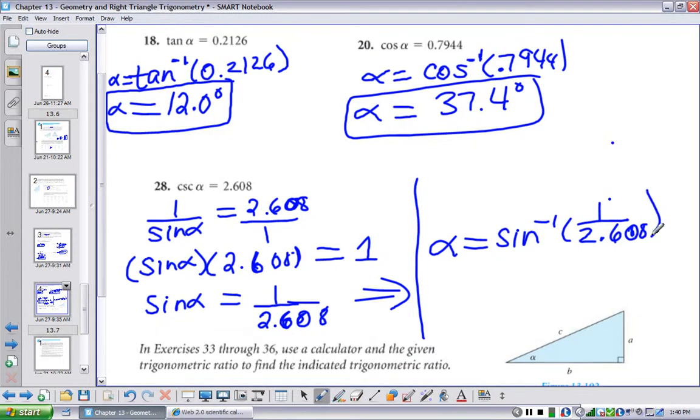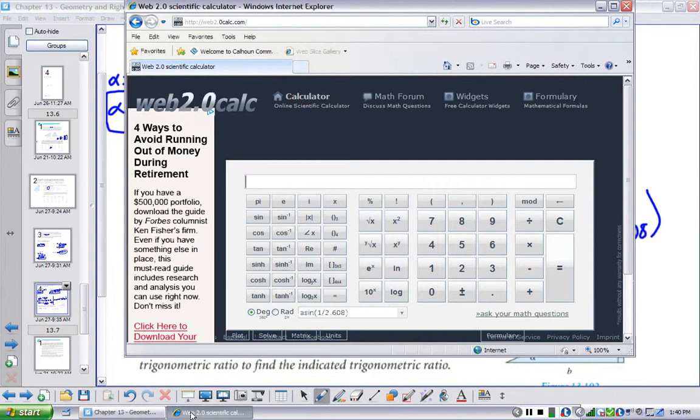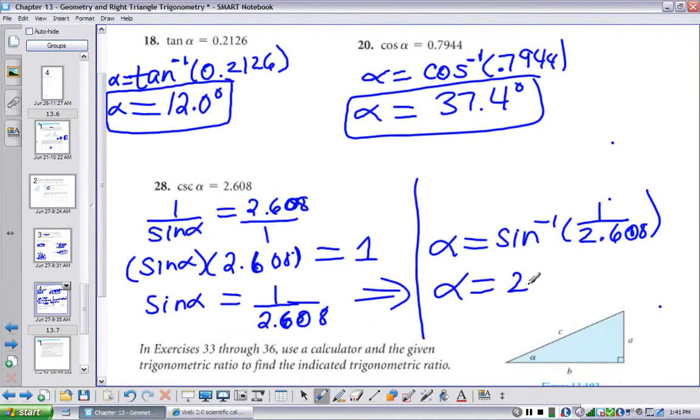And you have to do this because our calculator, as you can see, doesn't have the cosecant button. You can't do 1 over the inverse of sine, so we do the inverse sine of 1 divided by 2.608, which is going to equal 22.5 degrees. Alpha is 22.5 degrees.